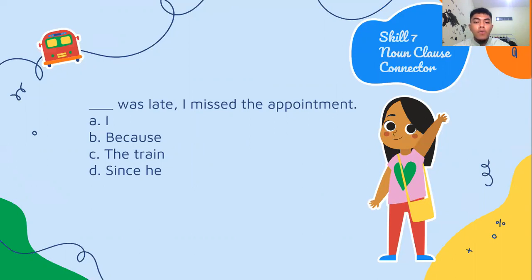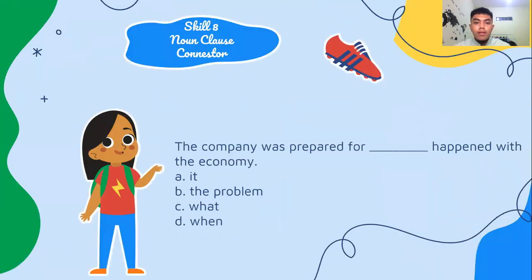Let me give you an example. Skill 8. The company was prepared for blah, blah, blah, happiness with the economy. The choices are A, it; B, the problem; C, what; D, when. The answer is C, what, because the sentence above has two clauses, namely the company was prepared for, and what happens with the economy.